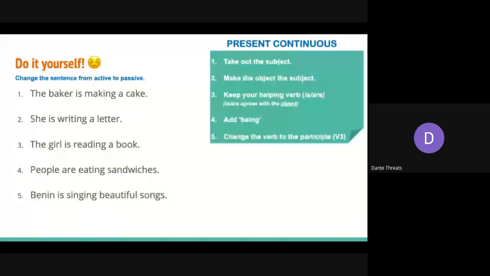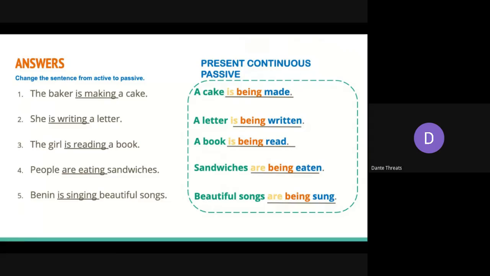Okay. Moving on. Present continuous passive. These are your answers. I'm just going to go through them very quickly, as I believe you should have gotten the hang of it at this point. The baker is making a cake.